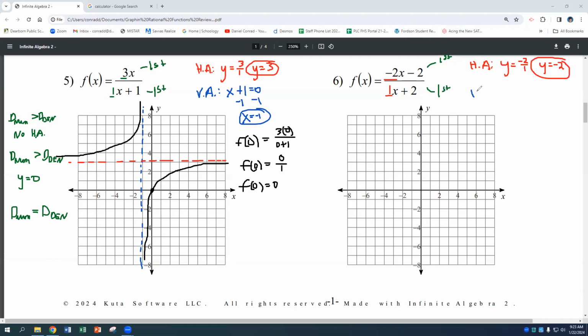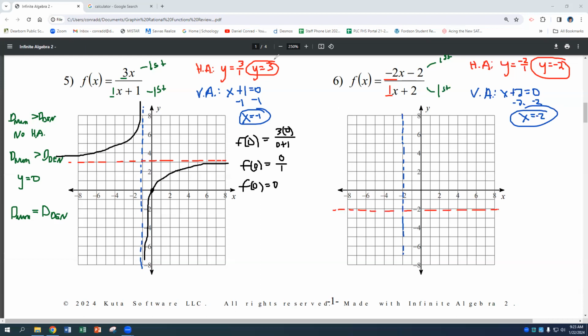Okay, my vertical asymptote is going to be -2. If I want to formally solve that out, it's x plus 2 equals 0, minus 2 on both sides. We get x equals -2. So at -2, there you go. And then they're both -2, it looks like, right? So -2 and -2.